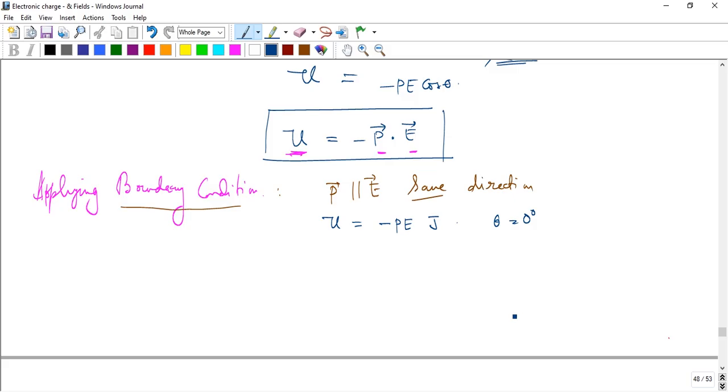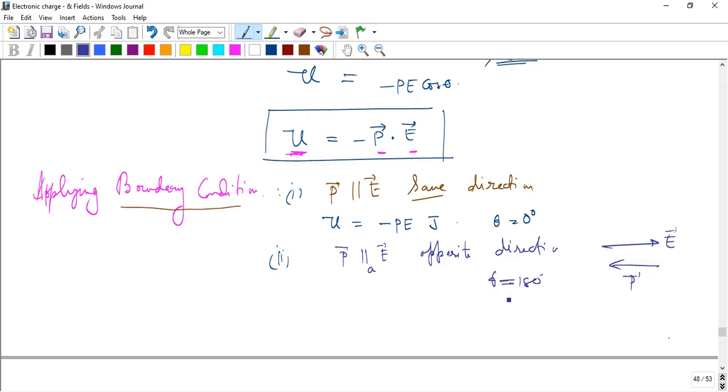Okay. Next case, number 2. If P is anti-parallel to E, meaning the opposite direction, like E goes in that direction and P goes in this direction, then theta is equal to 180 degrees.